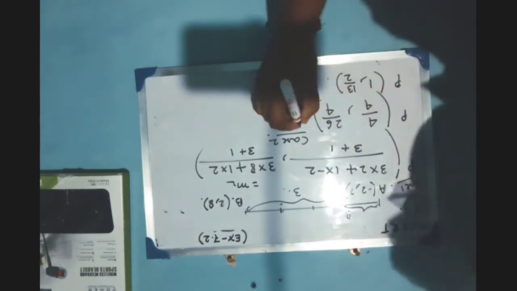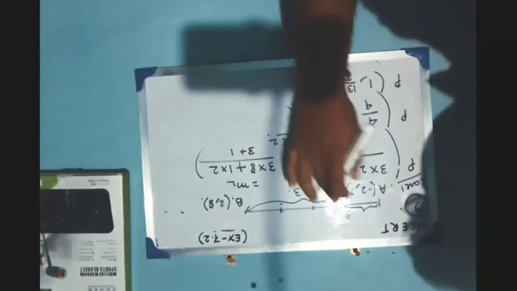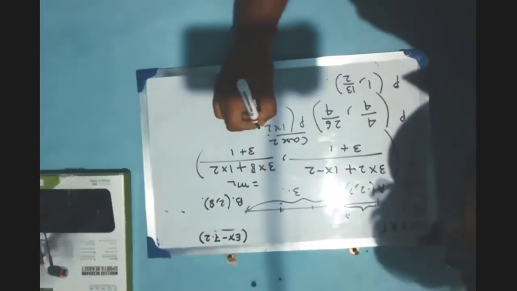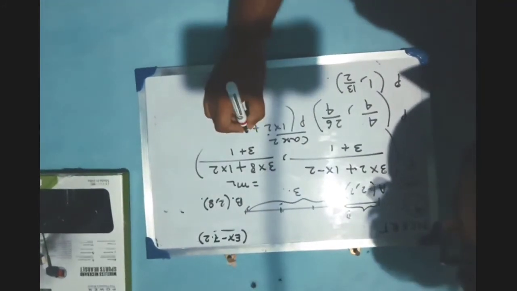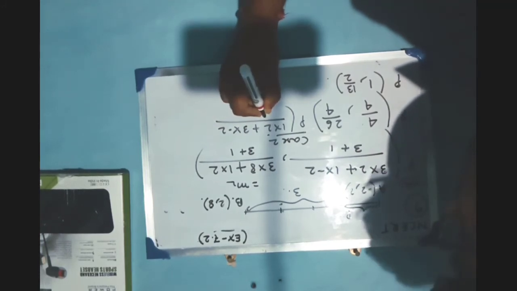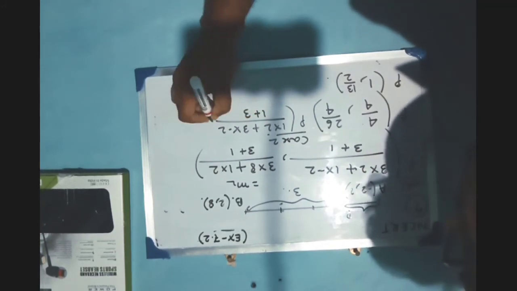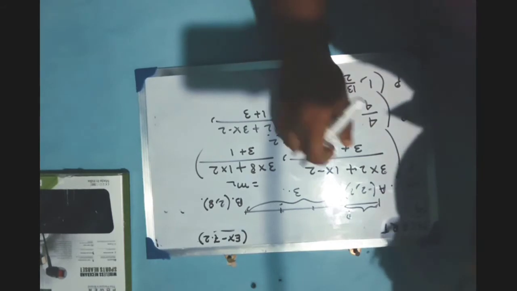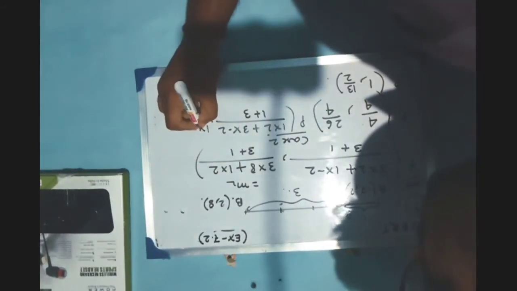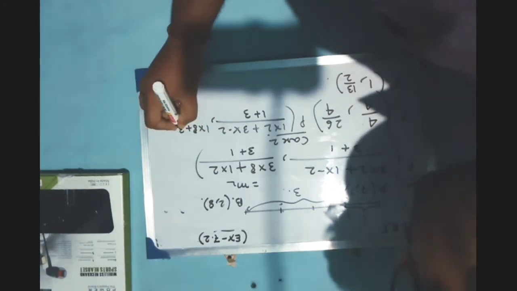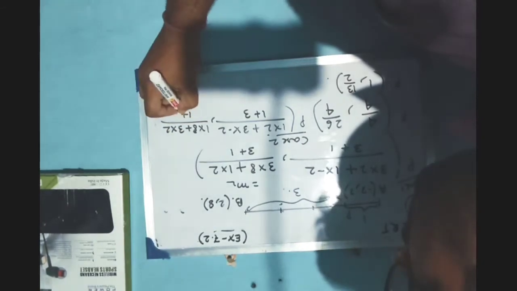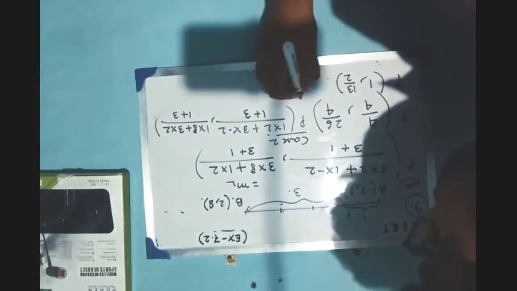In that case the coordinate of P should be 1 into 2 plus 3 into minus 2 by 1 plus 3, comma 1 into 8 plus 3 into 2 by 1 plus 3.